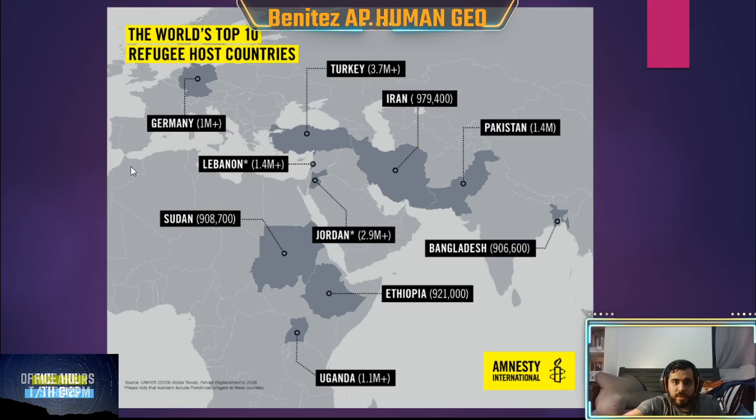So for example, right here in the middle, we have Syria. People from Syria are running to Turkey, they're running to Iran, and many of these countries can no longer take in more refugees because there's too many of them. How in the world do you take in 2 million people at your border?